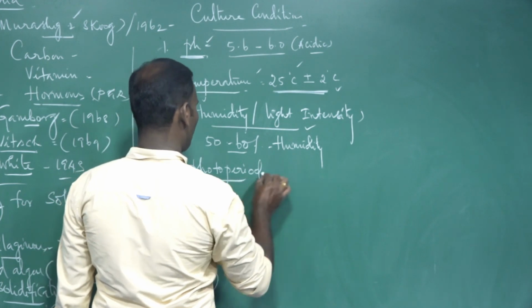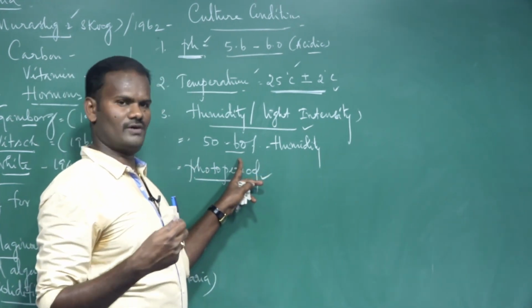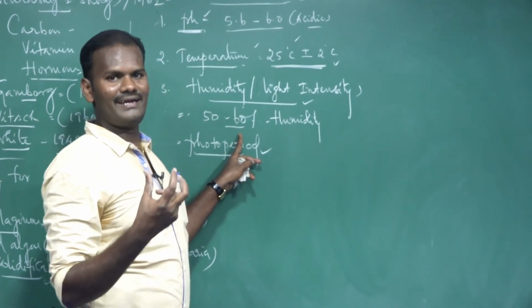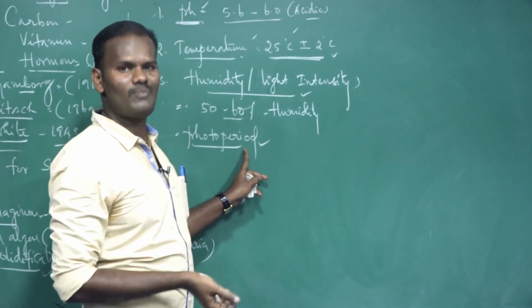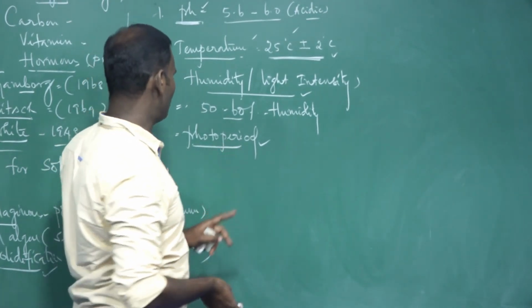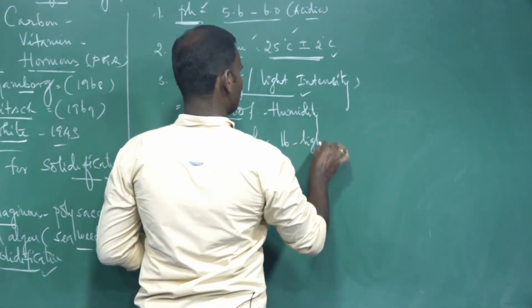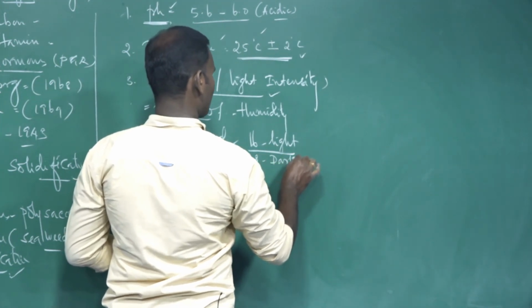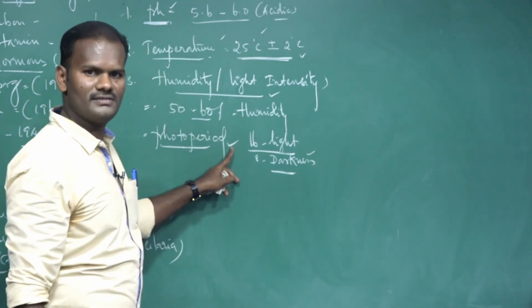You know what photoperiodism means? It is the response of the plant's growth to certain hours of light and dark. The relative length of light and dark is essential for the growth of plant cells. That is called photoperiodism. For example, 16 hours of light followed by 8 hours of darkness is essential.